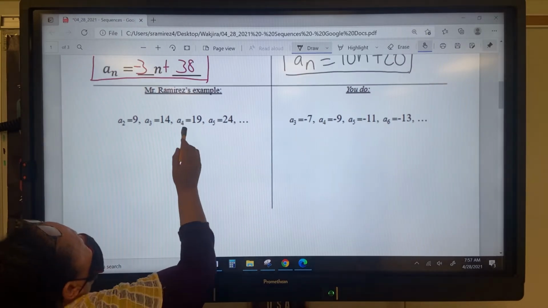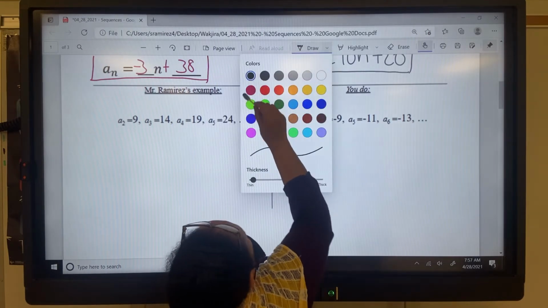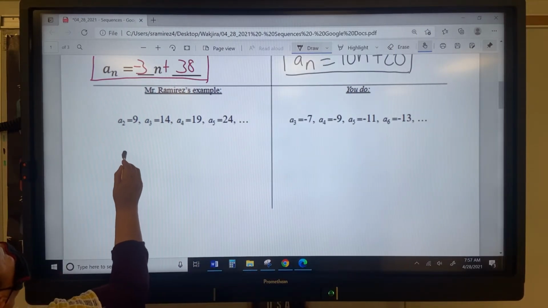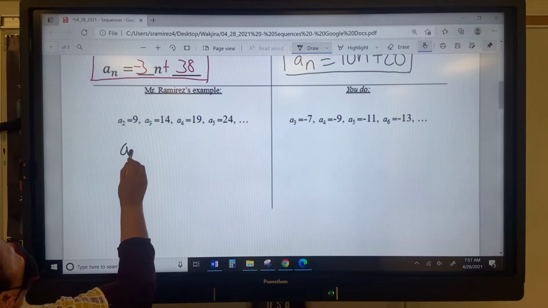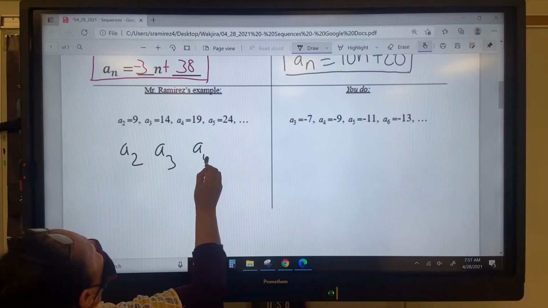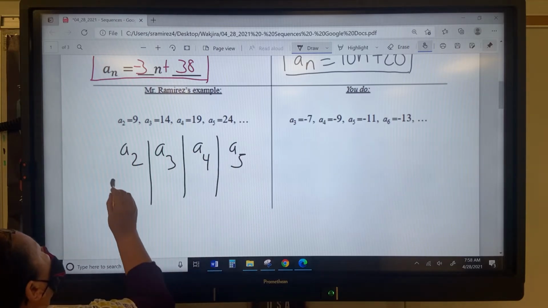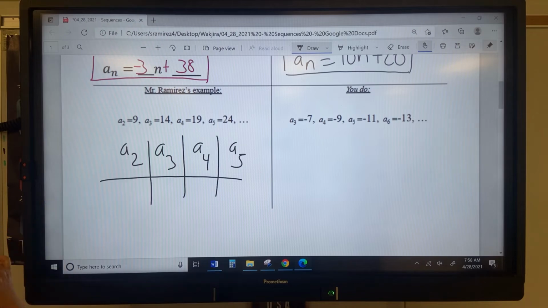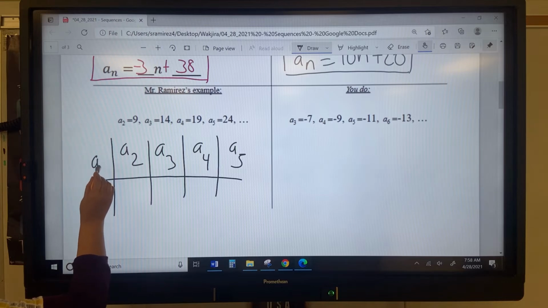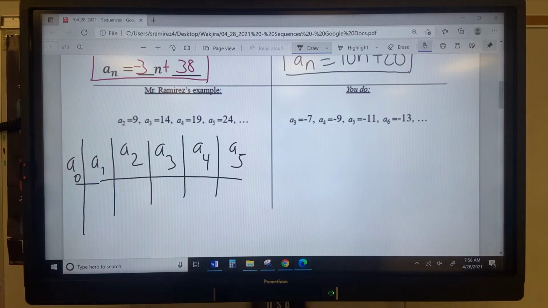A sub 2, a sub 3, a sub 4, and a sub 5. When we do our table, to the left side, since we have a sub 1, we need a sub 1 and a sub 0, because that's what we need for the formula.